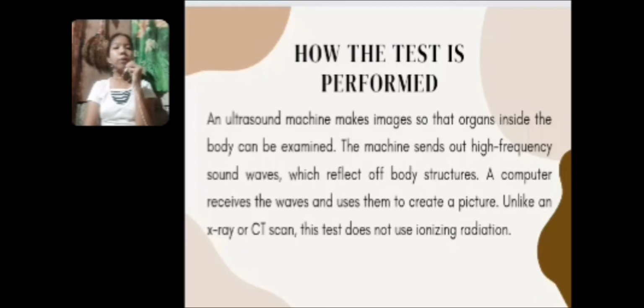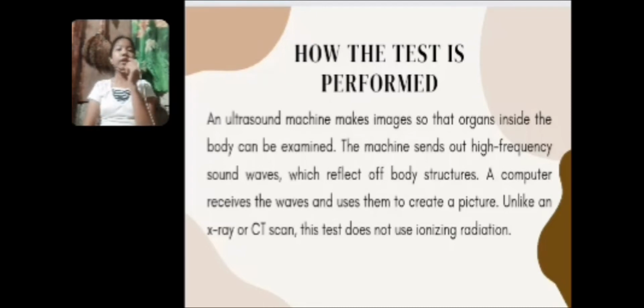An ultrasound machine makes images so that organs inside the body can be examined. The machine sends out high frequency sound waves which reflect off the body structures. Then a computer receives the waves and uses them to create a picture. Unlike an X-ray or CT scan, these tests do not use ionizing radiation.